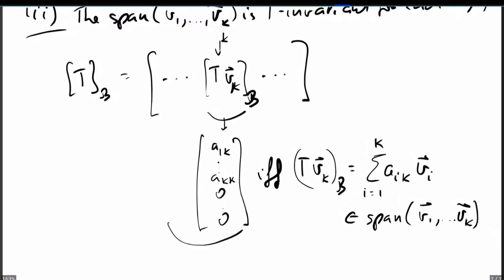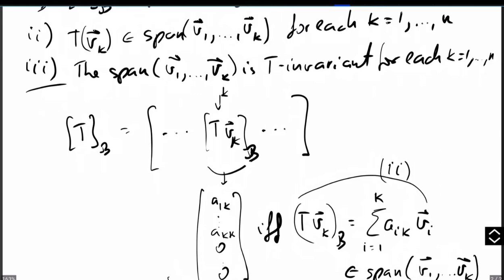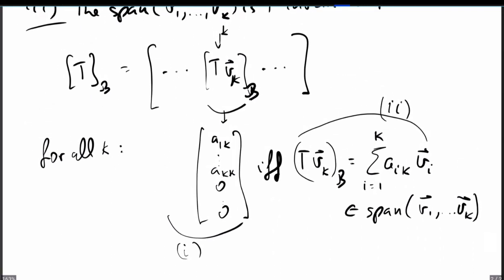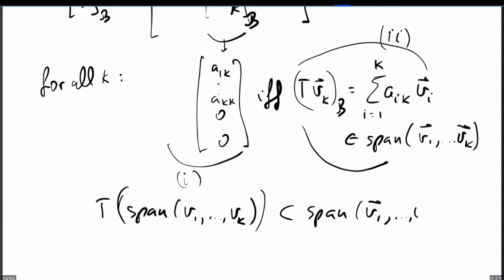So this is basically the equivalence of 1 and 2, because this is about 1. If this is true for all k, and this is what the second statement says, then vk has image in the span of v1 through vk. And then the T invariance means, if this holds for all k, then since the image of vk is in the span of v1 through vk, the image of the span of v1 through vk is also a subset of the span of v1 through vk.